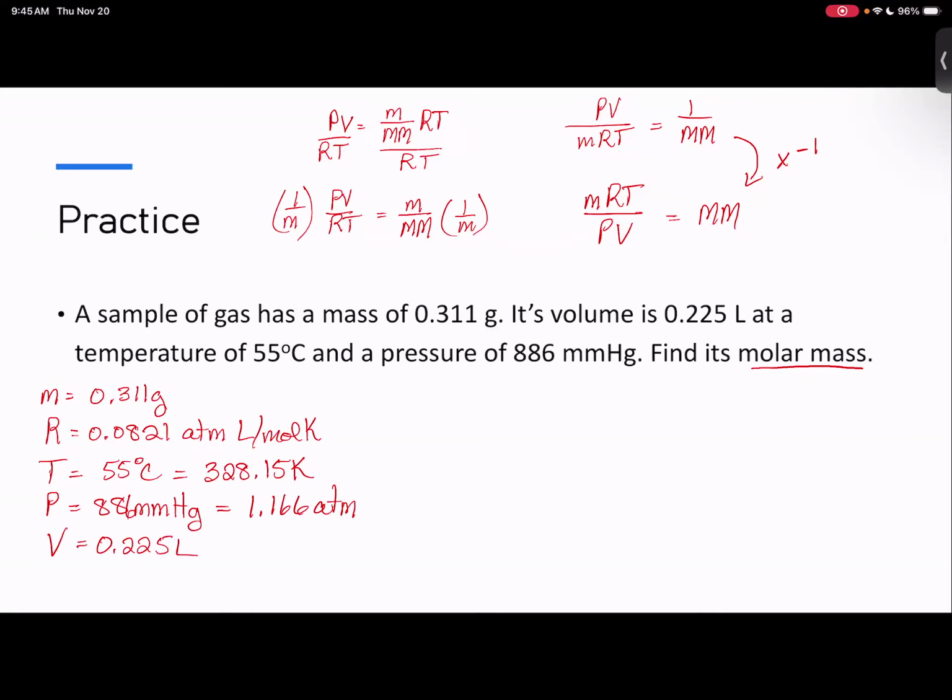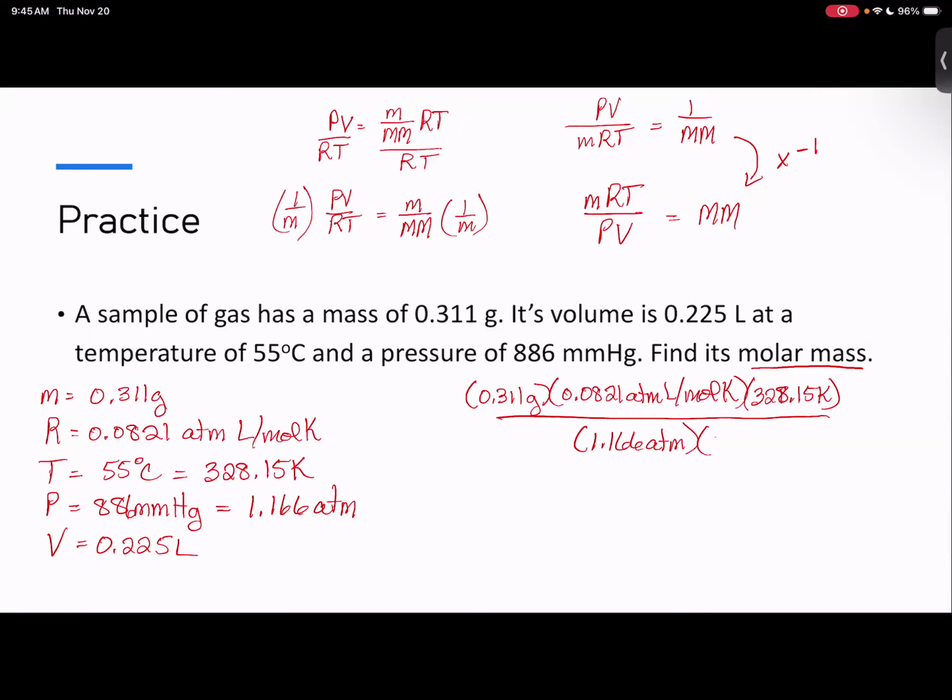So I have all of the information in order to calculate the molar mass. The mass of 0.311 grams times R, which is 0.0821 atmosphere liters per mole Kelvin, times the temperature in Kelvin of 328.15, all over the pressure, which was 1.166 atmospheres, times the volume of 0.225 liters, will give me the molar mass of the gas.